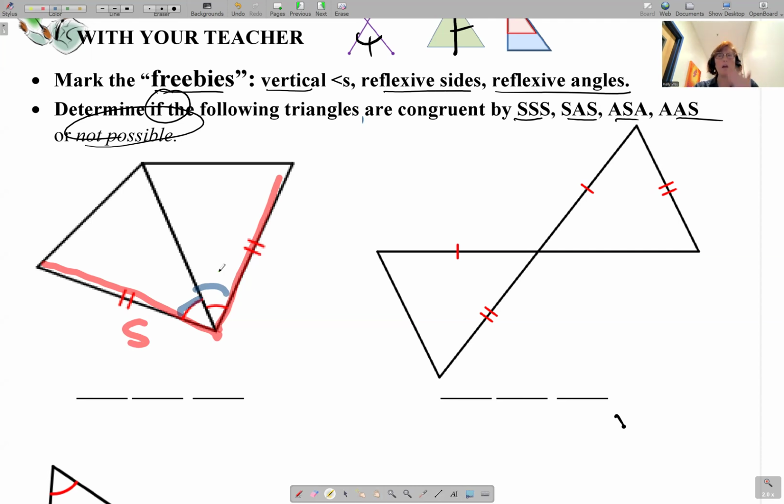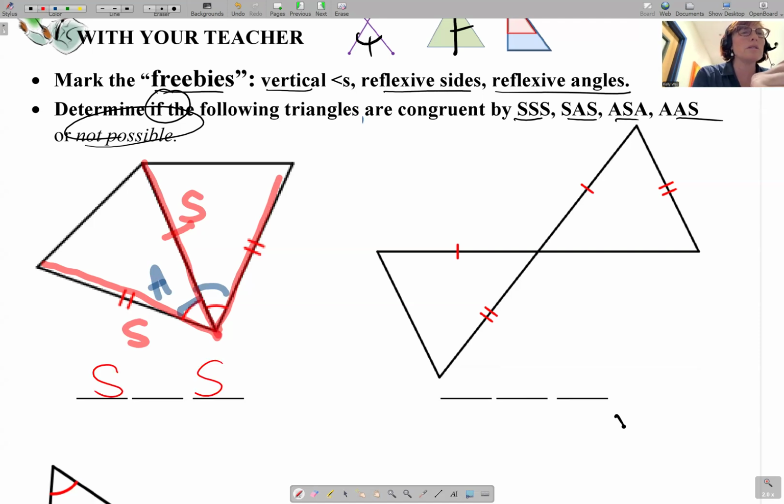Here we have a pair of angles. And then we have a reflexive apartment wall right there. We have a pair of sides. So this is an example of the side angle side triangle congruency shortcut.